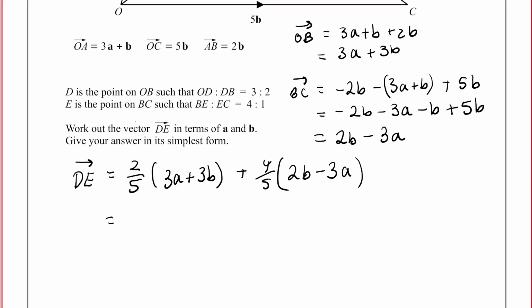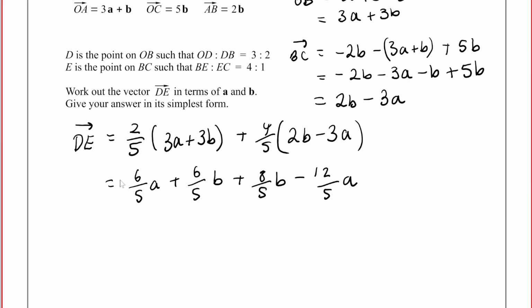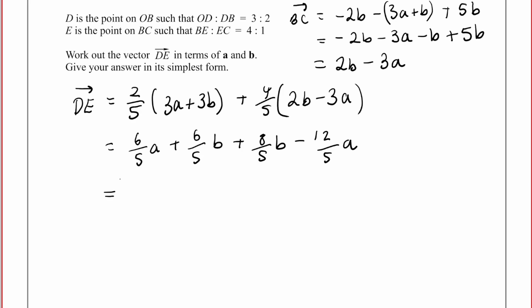So 2/5 times 3 is 6/5. 2/5 times 3 is 6/5 again. 4/5 times 2 is 8/5. And 4/5 times negative 3 is negative 12/5. So add the A's and add the B's. We've got 14/5 B minus 6/5 A. And that is our answer.